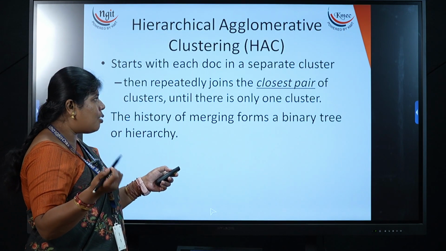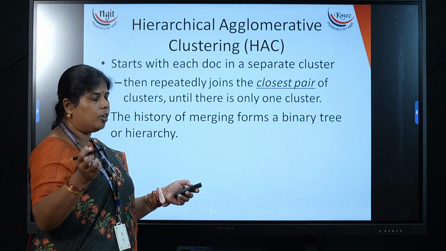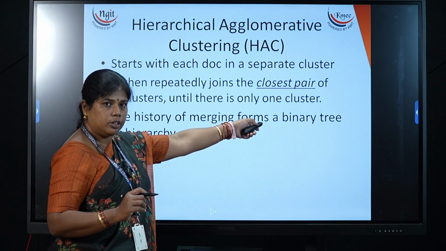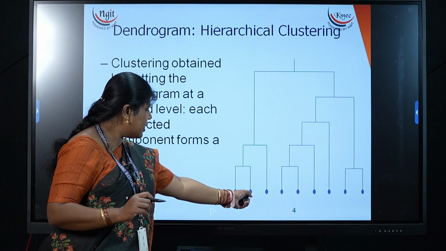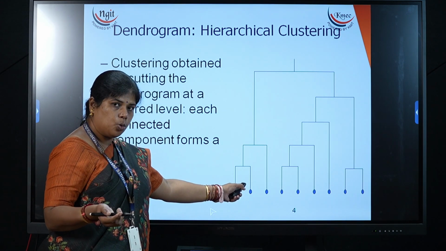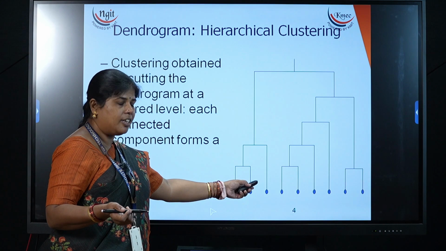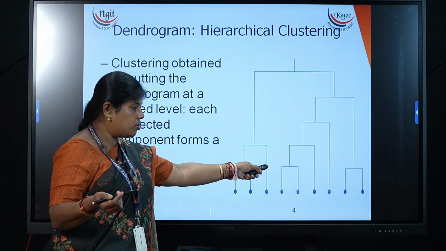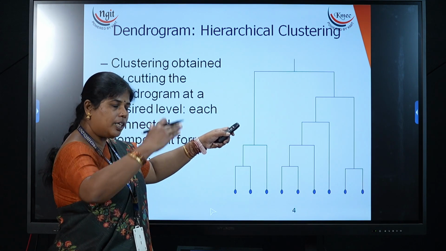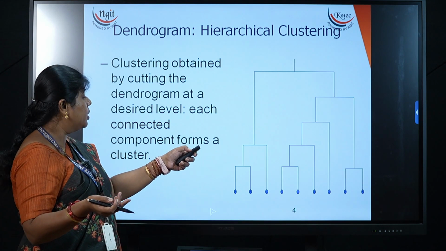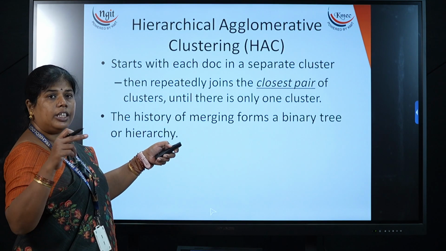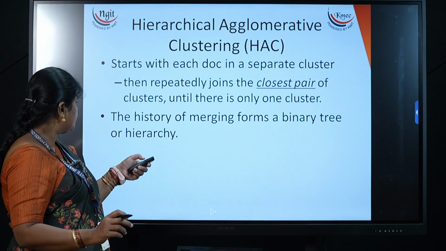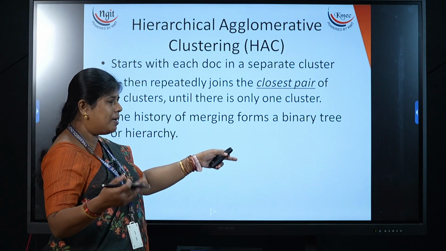Based on the closest pair of clusters, I will join them and form one cluster. Then again this cluster is joined with its closest pair to form one cluster. So we move in the bottom up direction and get a dendrogram, which is known as the hierarchical agglomerative clustering algorithm. This is also known as merging.